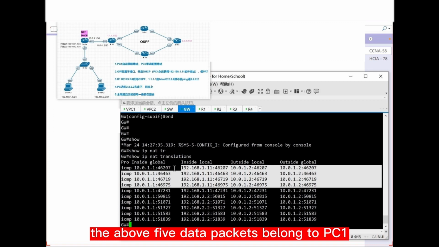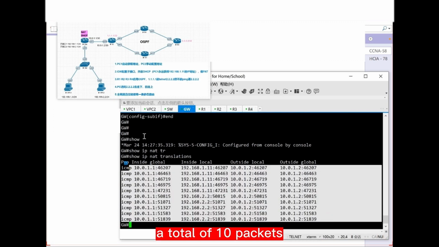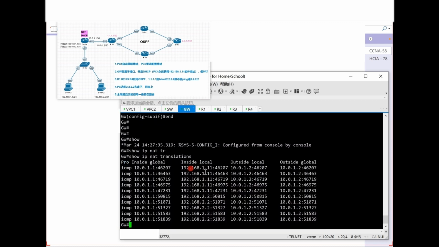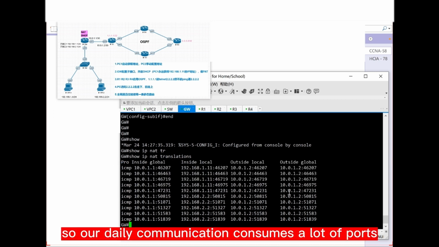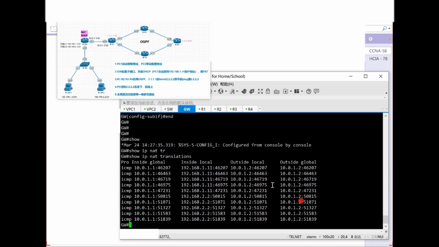The above 5 packets belong to PC1. A total of 10 packets, because each is pinged 5 times. Each uses 5 ports, so our daily communication consumes a lot of ports. Everyone should know this. Let's go on to configure.